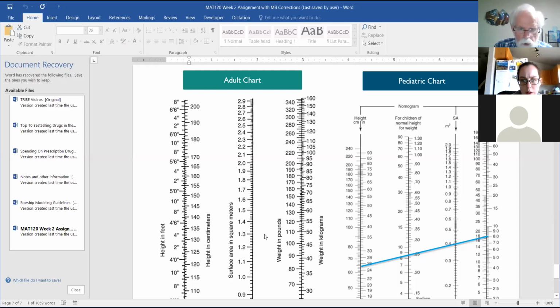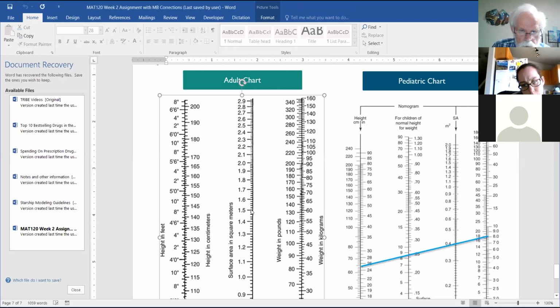So if we look over here, we can find 115, which is going to be midway between 110 and 120. And if we simply draw a line through this to the height, it will go right through the 1.5. Simply read off the surface area. That's for an adult.